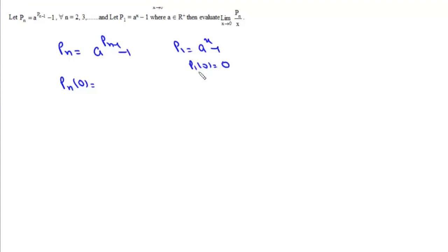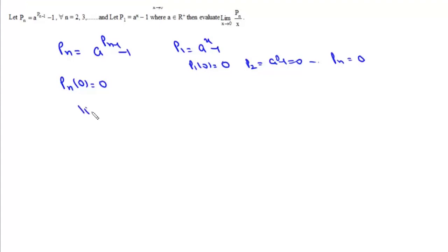And if we put P1 as 0, then P2 will be a to the power 0 minus 1, which is 0. So that's how we'll get all these P1, P2, Pn as 0. So Pn(0) will be 0.